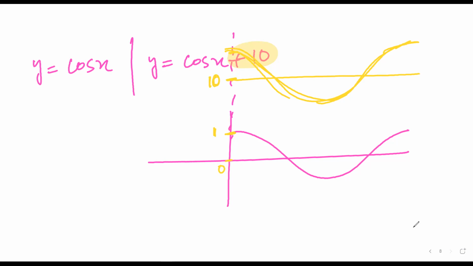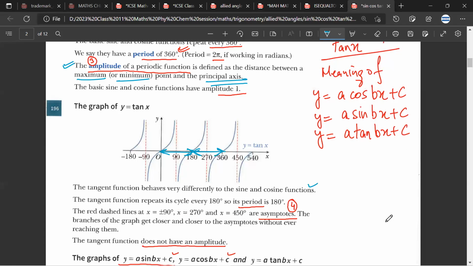So why are we discussing this? We are discussing this because what we had decided in the beginning of the lecture was that we wanted to understand what is the meaning of y is equal to a sin bx plus c.